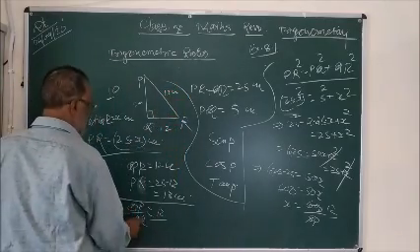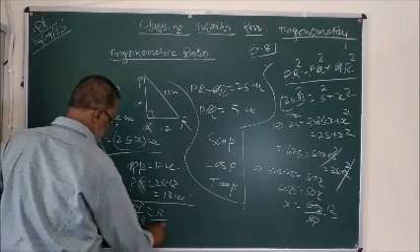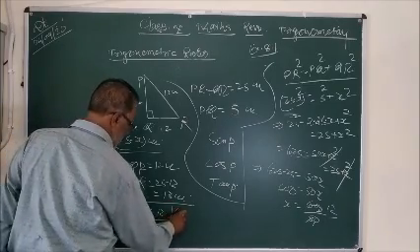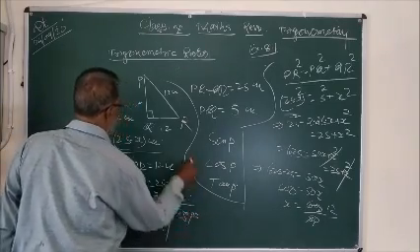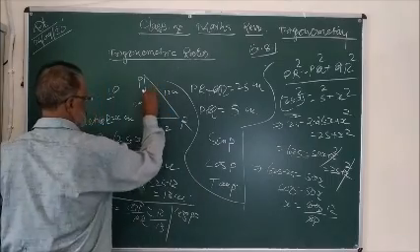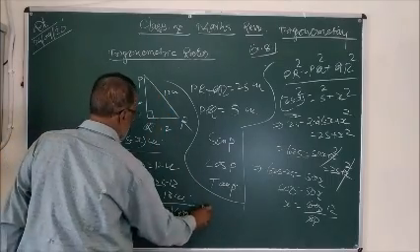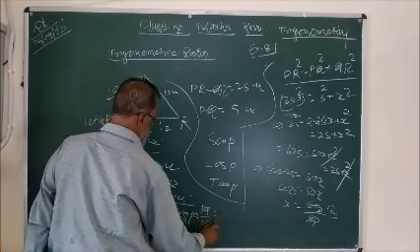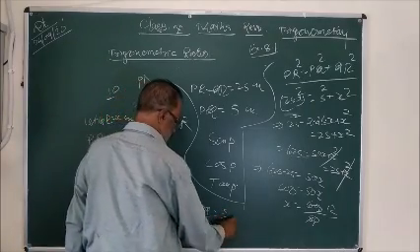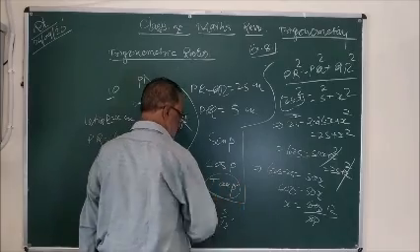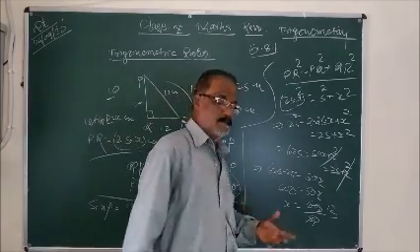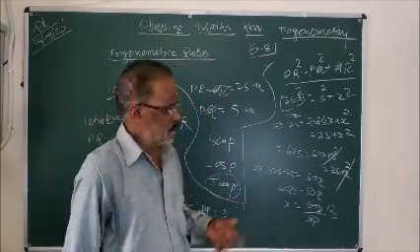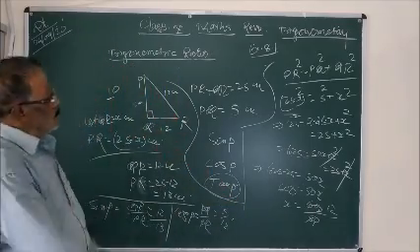So QR by PR is 12 by 13. You can find this. Cos P is B by H. For this angle, cos, this is the base. So PQ upon PR, B by H, this will be 5 by 13. And this I have left for you: Tan P, you will find. Answer? Tan P, what will you find?